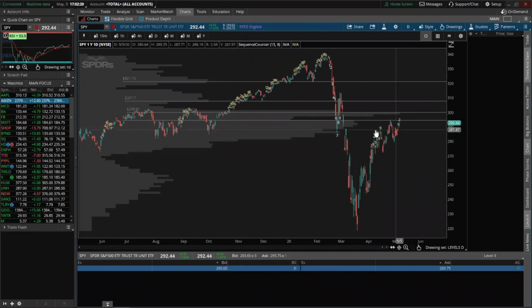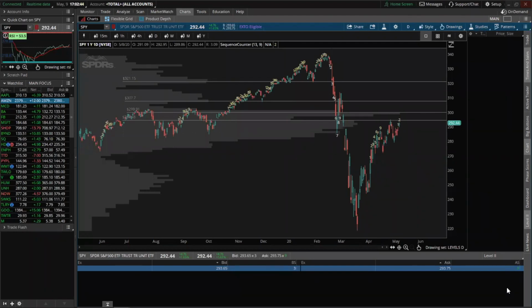So what I do personally is, when we do hit these levels, I look at my tape and my level 2. I see, are there more sellers jumping into that stock? And are they actually getting a fill, or are they just putting it up to scare me and you, and then they buy right back into those levels?